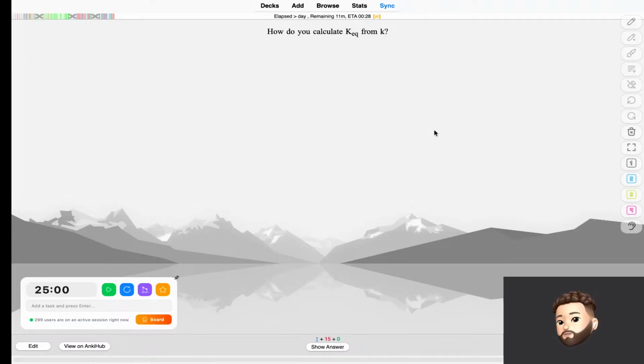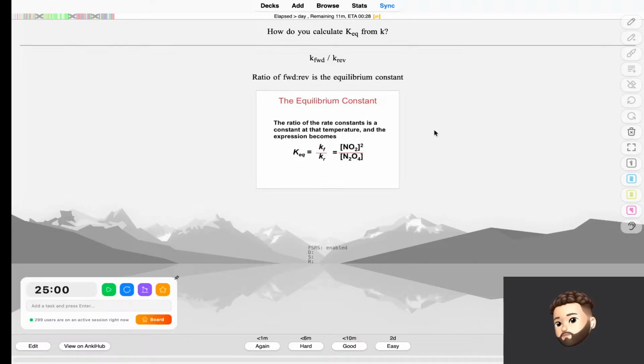How do you calculate KQ from k? k forward divided by k reverse.